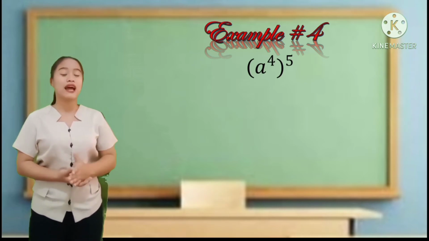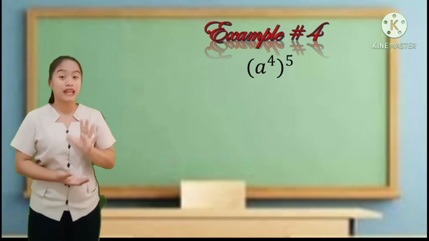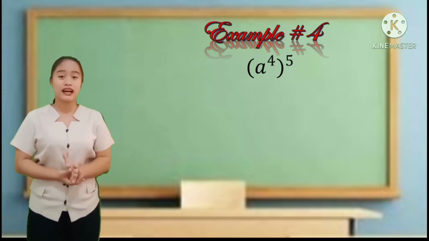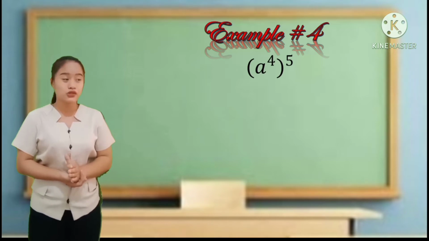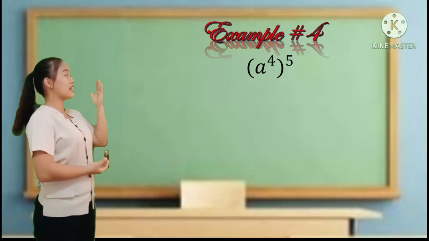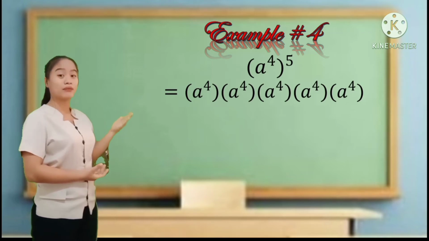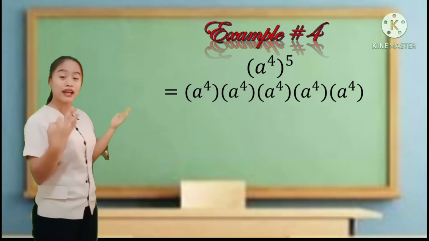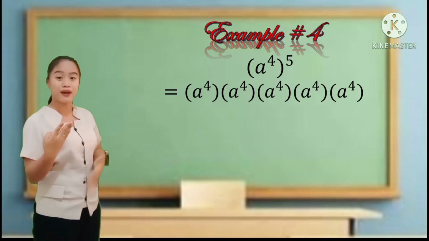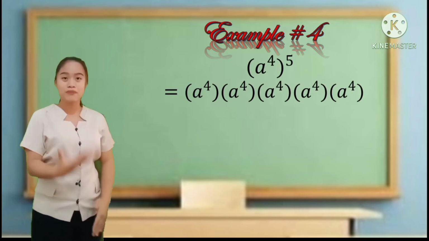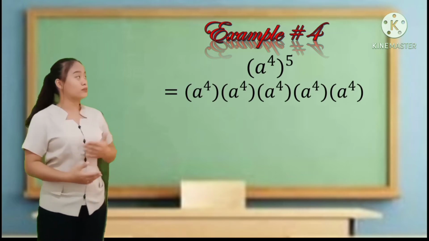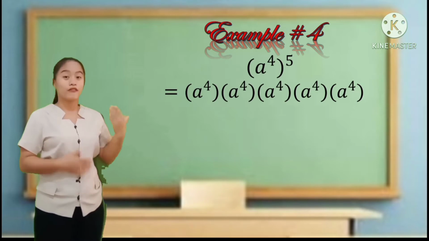You will multiply a raised to 4 five times. It is just like an example of a monomial. So we will write this as a raised to 4 multiplied by a raised to 4 multiplied by a raised to 4 multiplied by a raised to 4 and multiplied by a raised to 4. So we will multiply a raised to 4 five times.